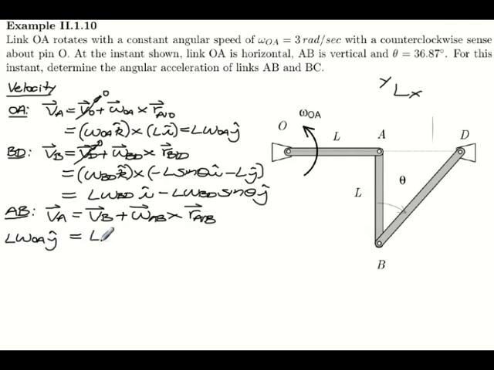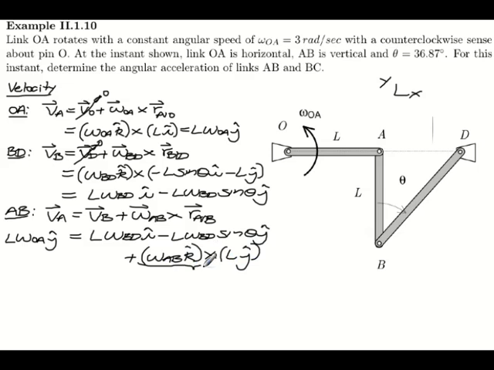Velocity of B we have as L omega BD i minus L omega BD sine theta in the j. Omega AB we don't know, so we assume it's plus and let the math tell us whether we're right or wrong. The vector going from B to A is an L j. K cross j is a minus i, so this is minus L omega AB i.